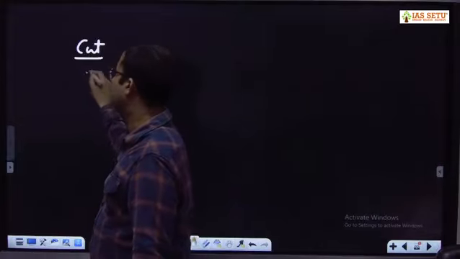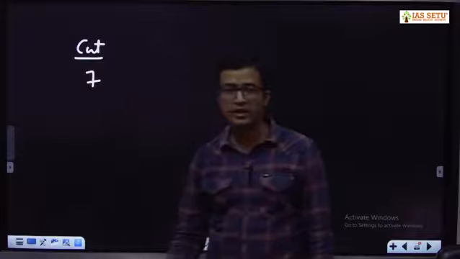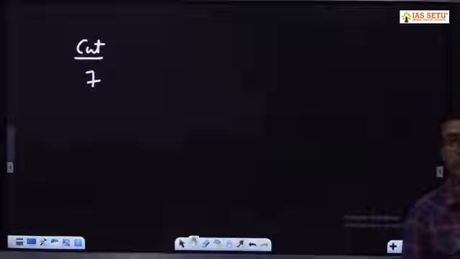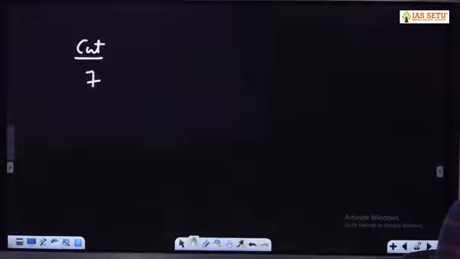Number of cuts 7. 7 try करो एक बार. If the examiner says you have to put 7 cuts, what is the maximum number of pieces possible with 7 cuts?